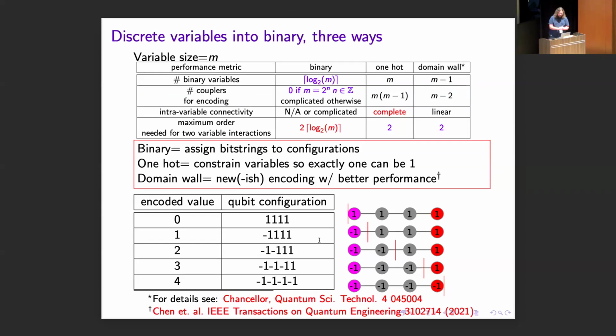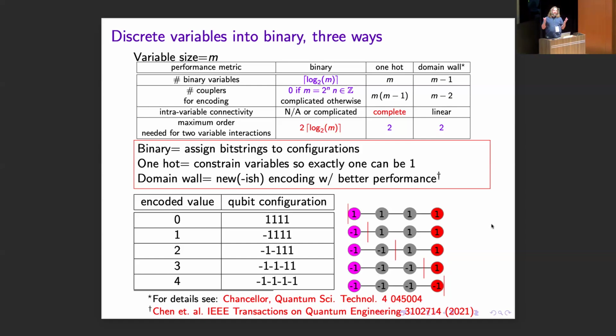And we can take this and we can build up a model on encoding. I'm not going to go through the details of how domain wall encoding works. It's in this paper. But basically what you're doing is you're encoding onto a spin chain and you put frustration on it so that the position of a domain wall maps to the value that it takes.